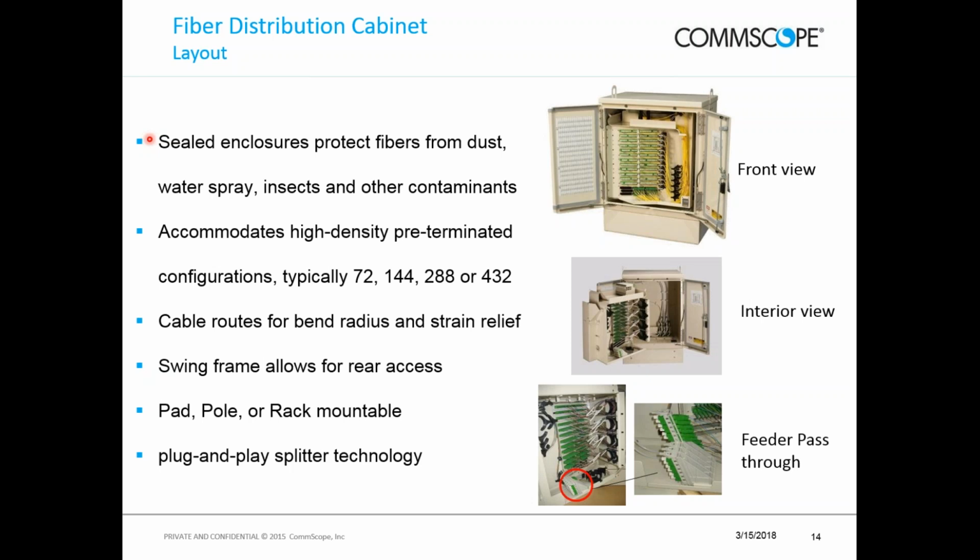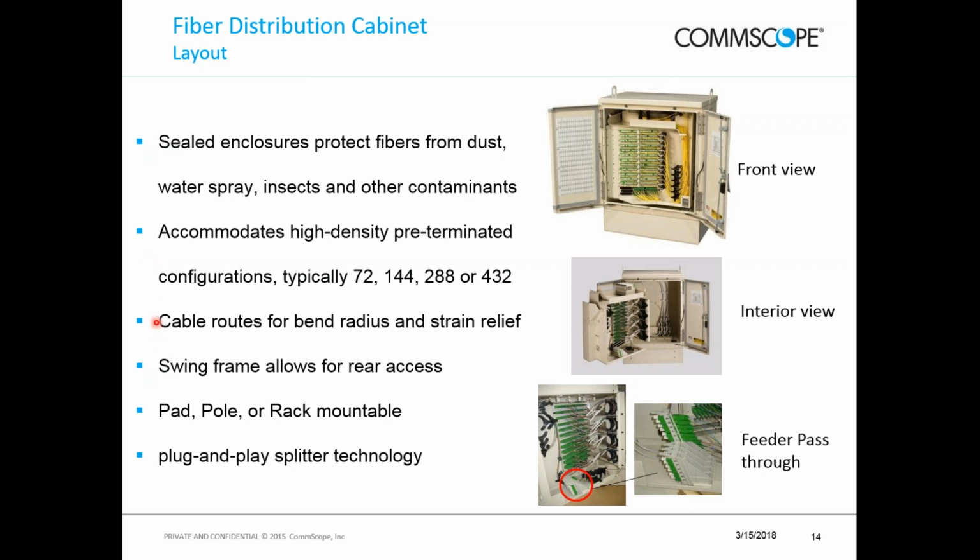It protects the fiber from dust and water, other contaminants in the outside plant, obviously. It should have pre-termination configurations. The most common configurations are 72, 144, 288, or 432. And what that number refers to is the number of individual fibers on the distribution side of the cabinet. Okay?